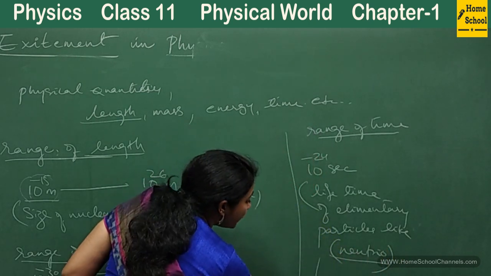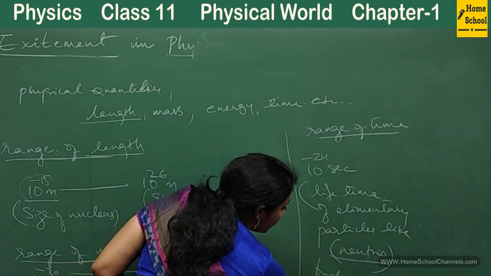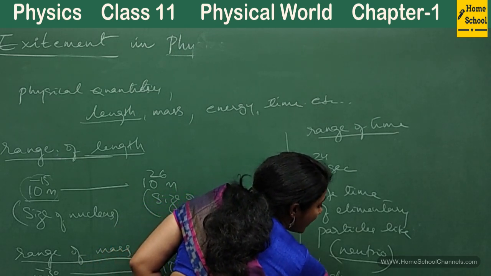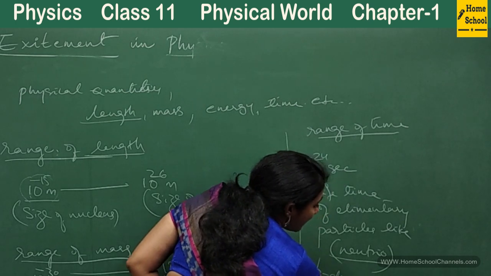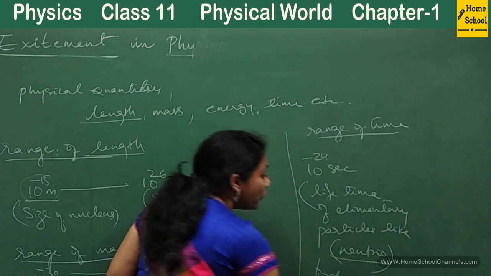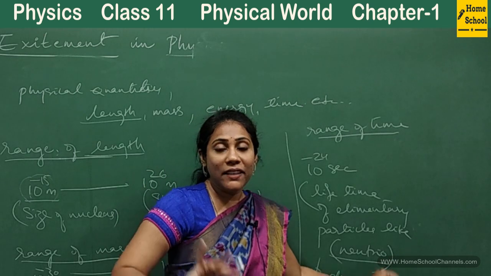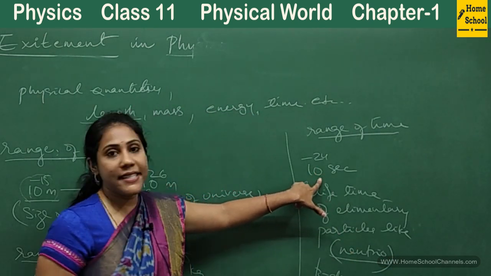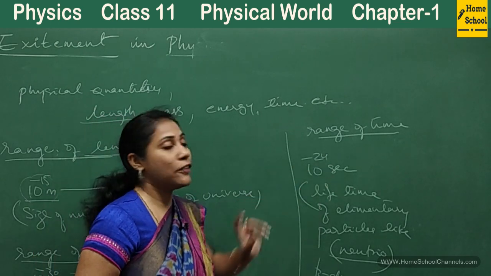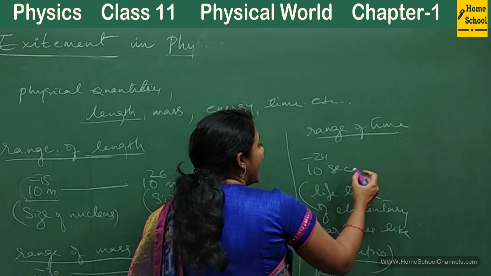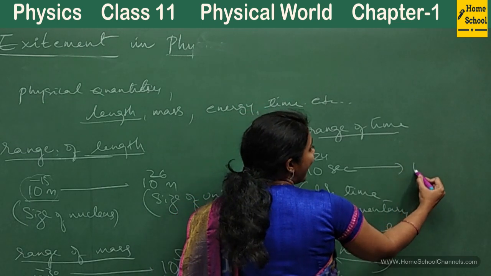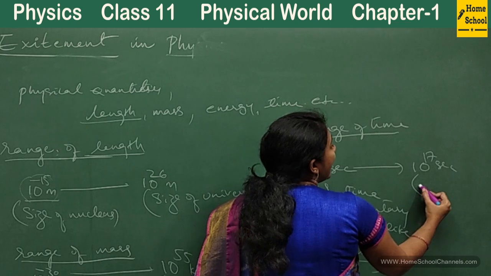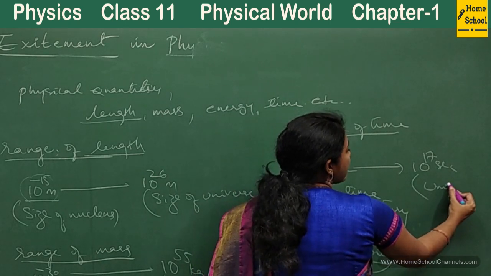During beta decays, certain small particles get liberated. You will observe certain small particles and they don't exist much time. They will die very soon. Their lifetime is about 10 power minus 24 seconds. And you can measure time as big as 10 power 17 seconds, and this is actually the lifetime of universe.